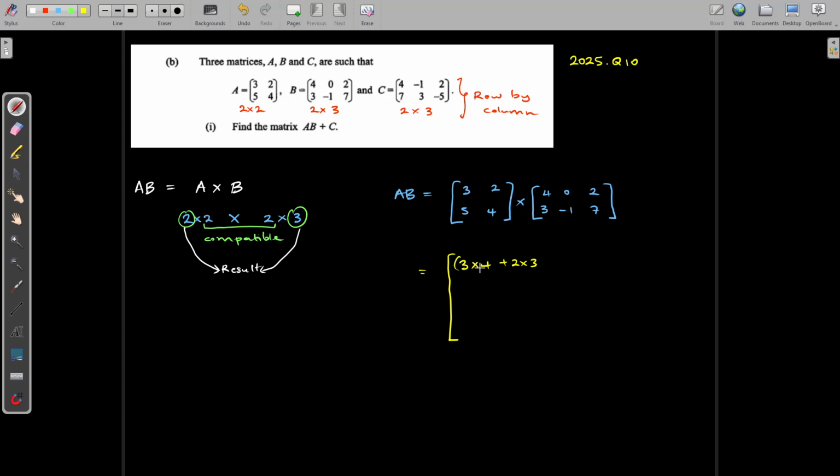That's going to give us the first element in the answer. Next, 3 times 0 plus 2 times negative 1. Then 3 times 2 plus 2 times 7.